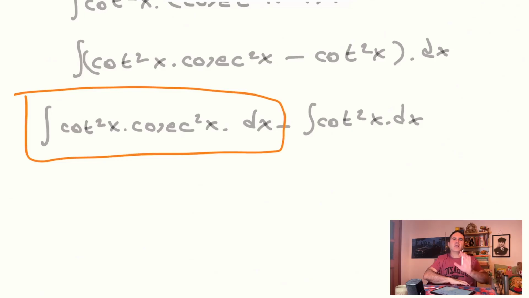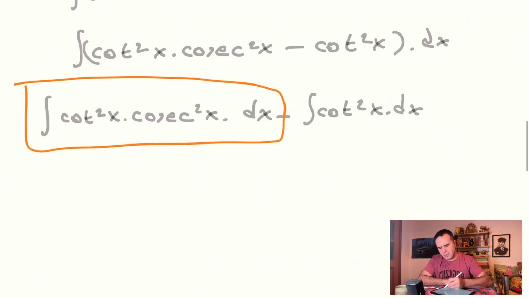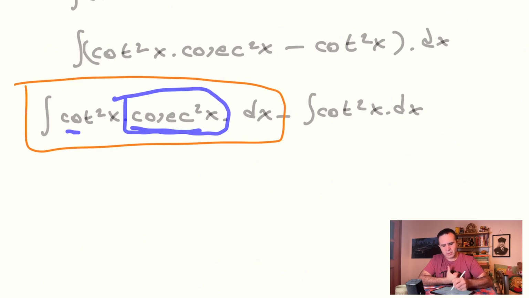If you have a function and its derivative multiplied by dx, then you use the substitution method. We know that the derivative of cotangent x is minus cosecant square of x, and we have here cosecant square of x multiplied by dx.